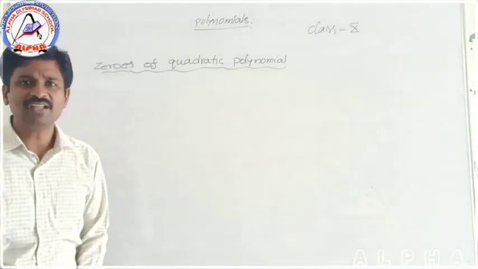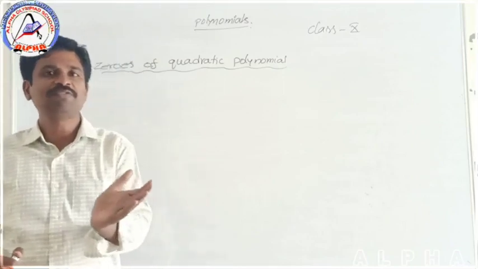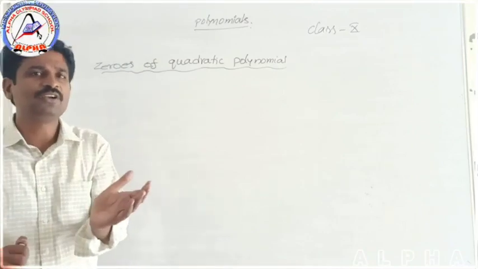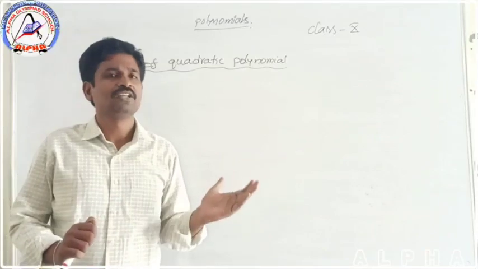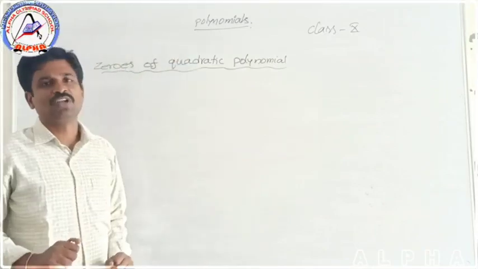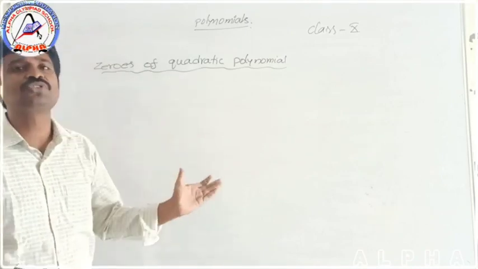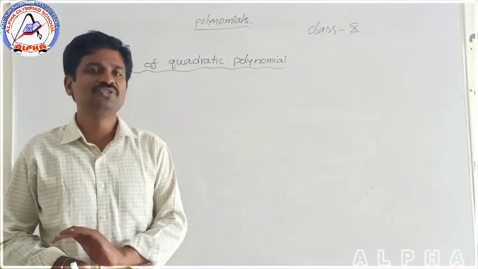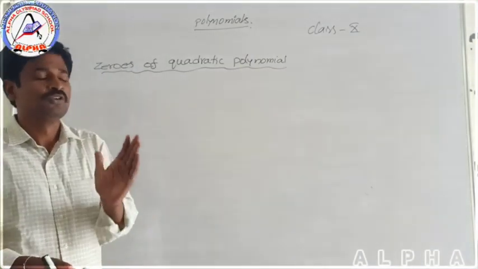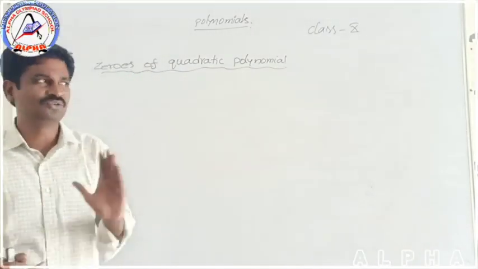A linear polynomial has degree 1, so a linear polynomial has only one zero. A quadratic polynomial has degree 2, so it has at most 2 zeros. At most 2 means 2 or less than 2.